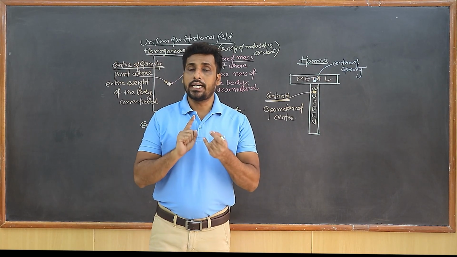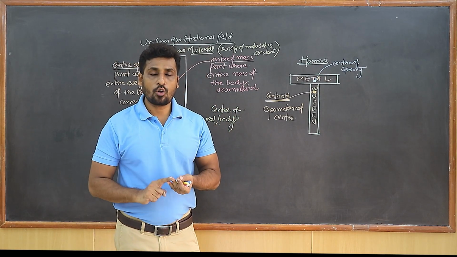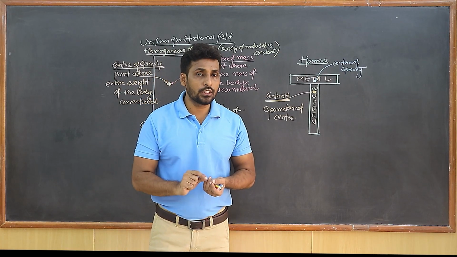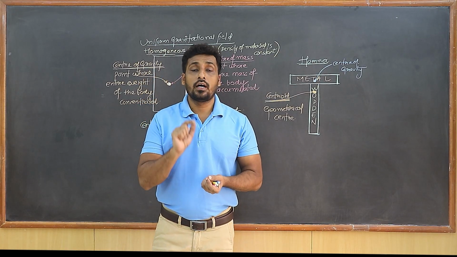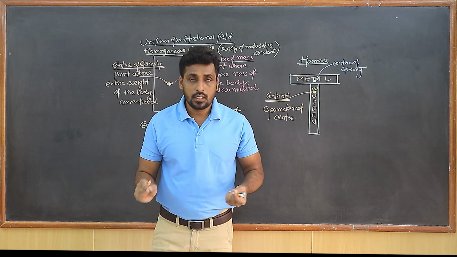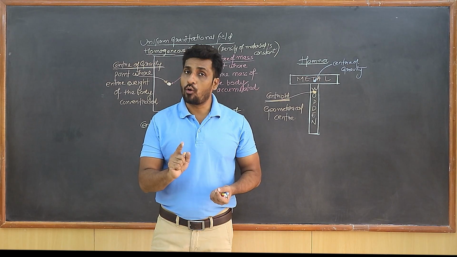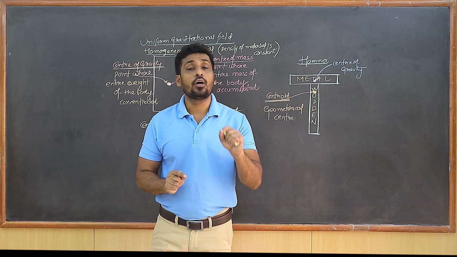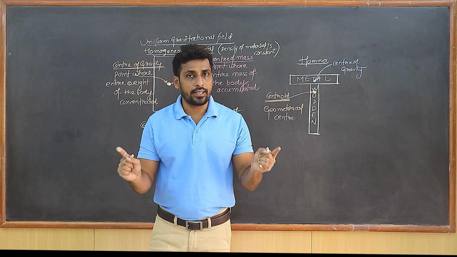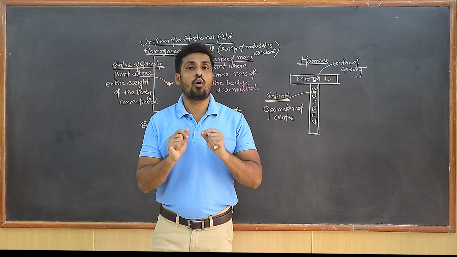So remember, center of mass, center of gravity and centroid, they can be one and the same points provided the entire body is kept in uniform gravitational field, isn't it? And the second very important concept is that it should be of homogeneous material. That means the density of the entire material should be same throughout the body.